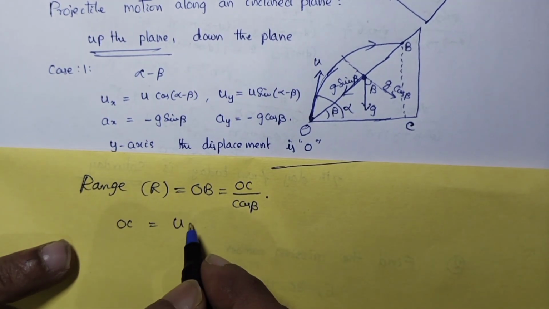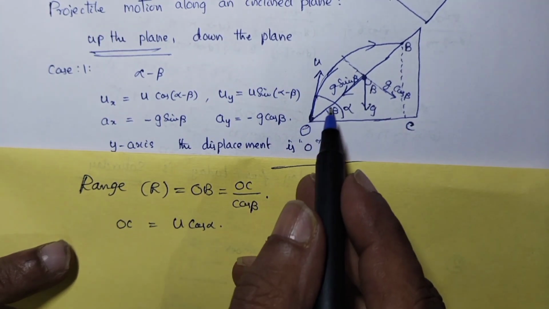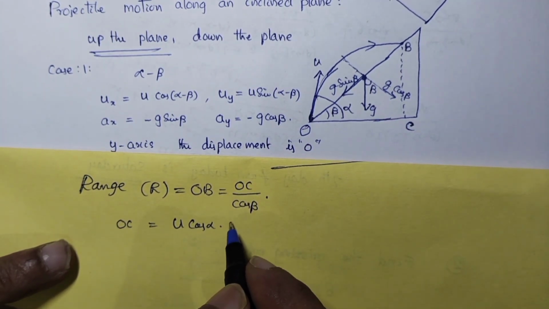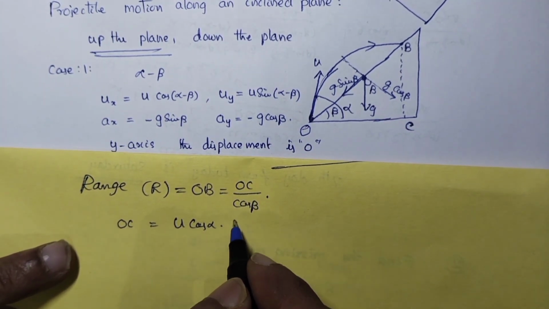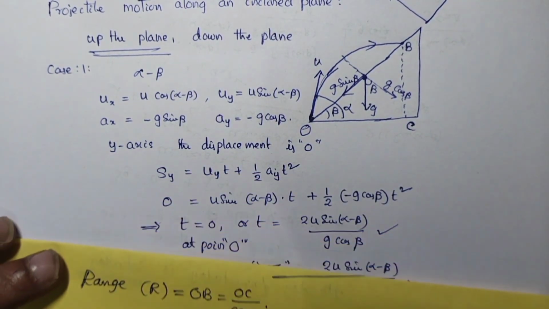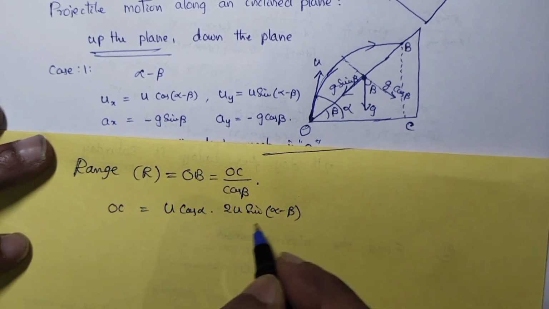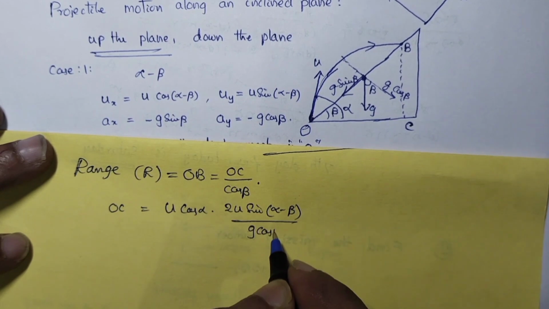OC is equal to the velocity in this direction, u cos alpha, into the time of flight, 2u sin(alpha minus beta) by g cos beta.